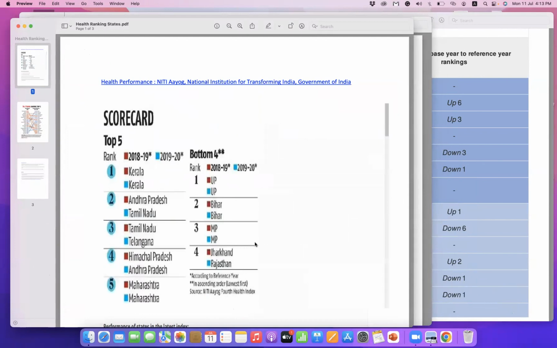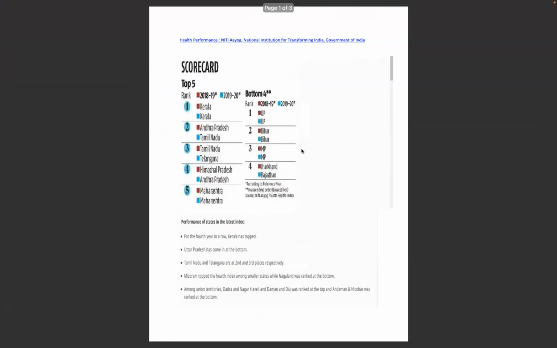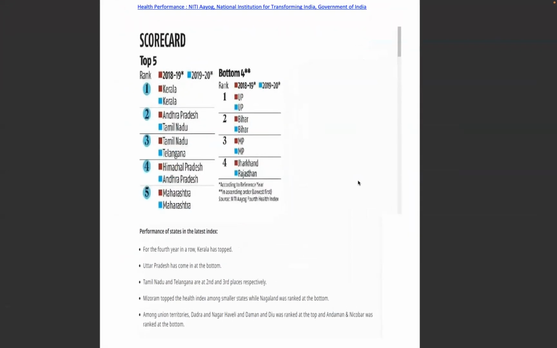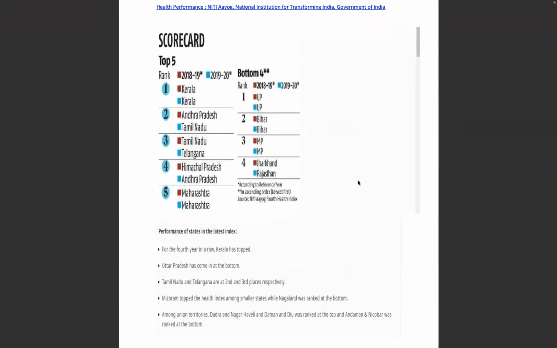Okay. So if you go with the data set and see which state is lying where. Actually, this is the top ranking given in the year 2019-20, and you can very well find it out.